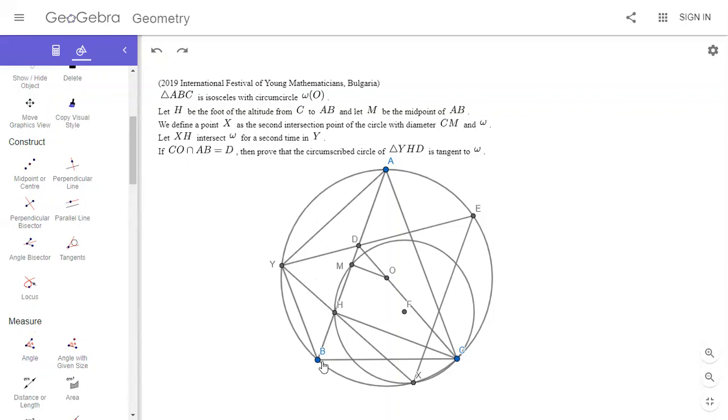And we know they share one angle. Is it just a spiral similarity? BYH and AYE. That's the same as saying YHA is similar to YBE. Same thing.